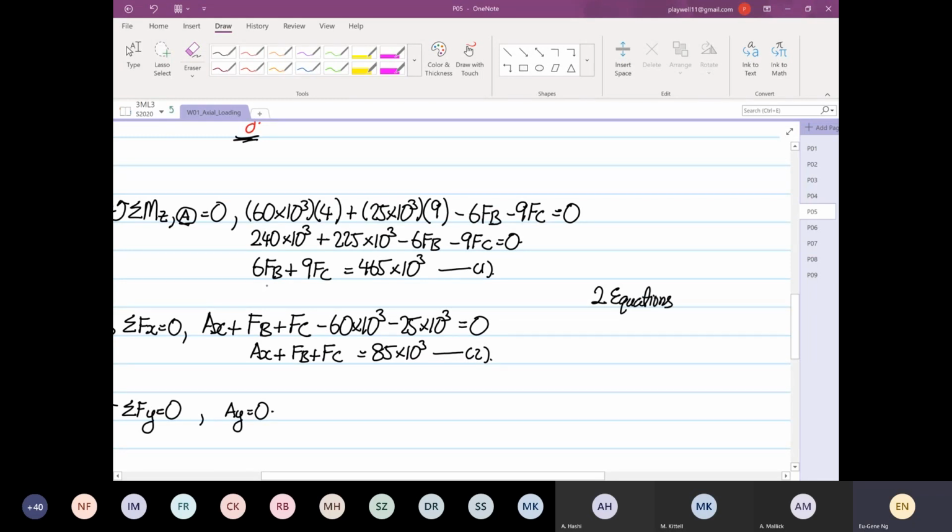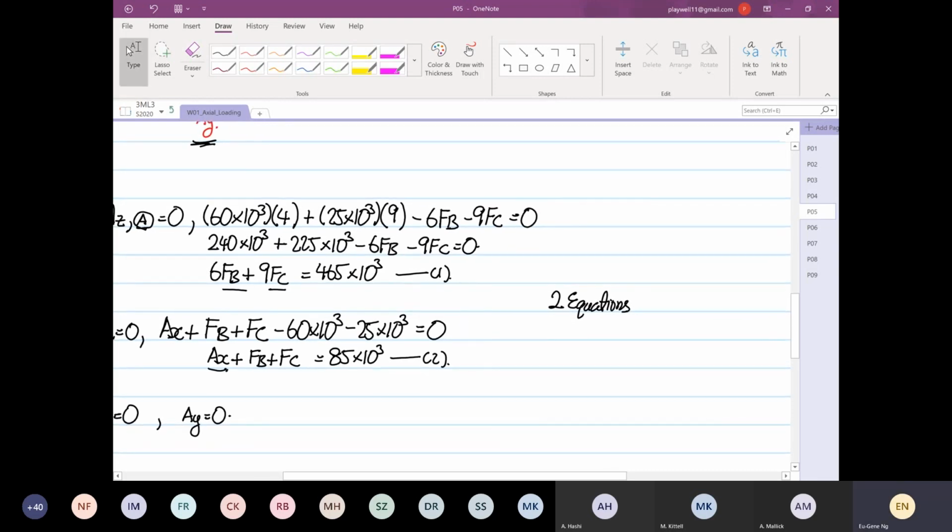However, how many unknowns do you have? 1, 2, 3. So you have 3 unknowns. That's where we call this structure statically indeterminate. Okay, so this is a typical example.